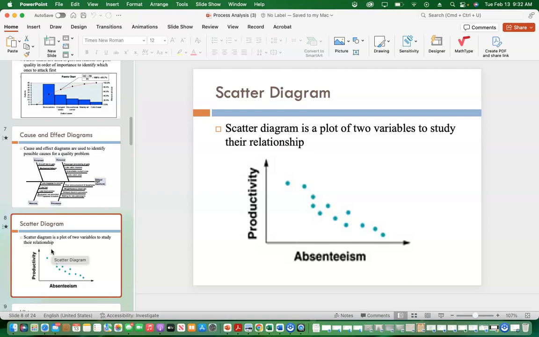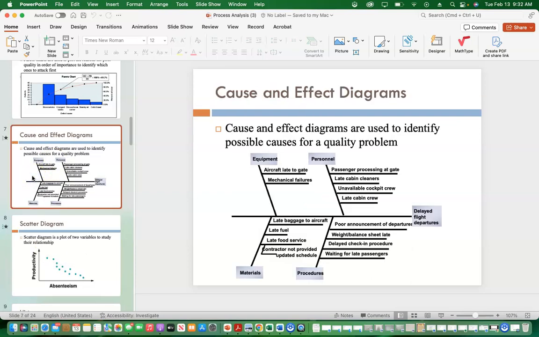And then the next thing to do is to create the diagram, which we call the cause and effect diagram. So here we have an example of delayed flight departures, and we have about 4 causes that were significant to this particular problem. And those causes are equipment, personnel, materials, and procedures.